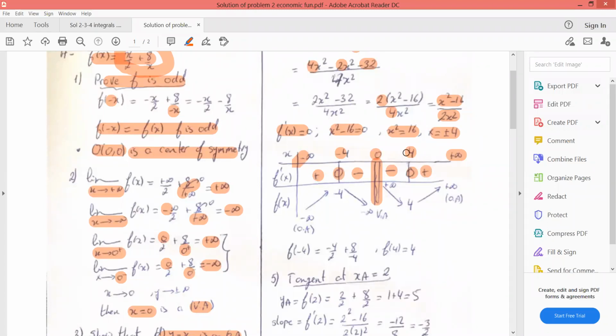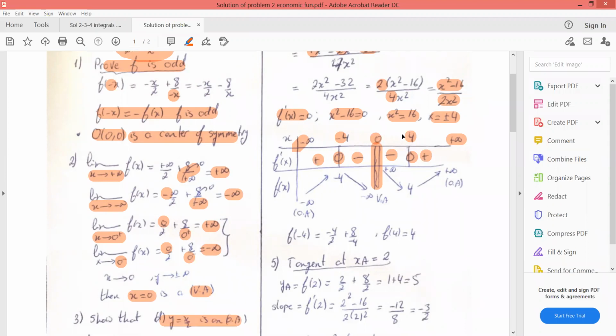Or another method: if he wants to know the sign between 0 and 4, he can take a number between 0 and 4 like 2, or 1, and replace it in the derivative. So positive, it is increasing, negative, it is decreasing, negative, decreasing, and then it is increasing.